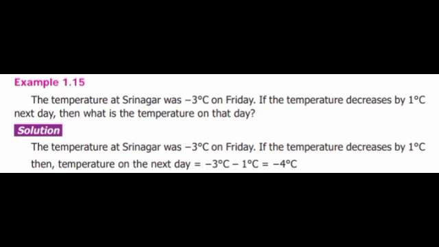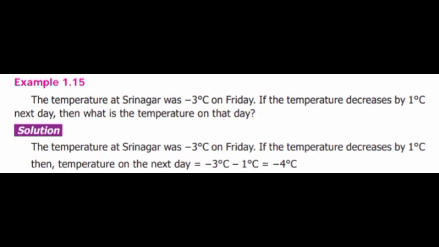Minus 3 degrees Celsius. Then the next day it decreases 1 degree Celsius. Decreases means what? Kammi agiradhu. Okay. So, we need to subtract. Then what is the temperature on the next day? Subtract: minus 3 degrees Celsius minus 1 degree Celsius.